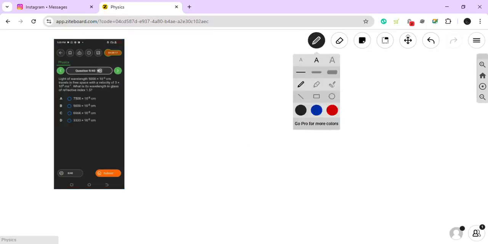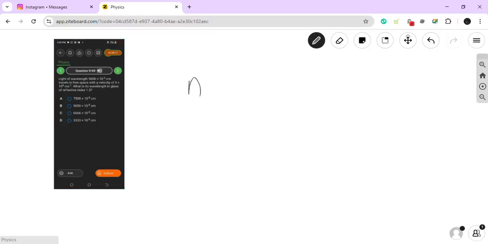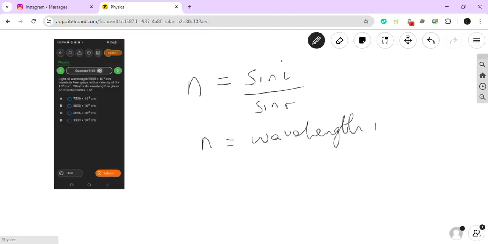In refraction of light waves, we have what we call refractive index. There are different formulas for refractive index. We have sine i over sine r, which is what we call Snell's law. We also have n equals wavelength of light in air over wavelength of light in medium.